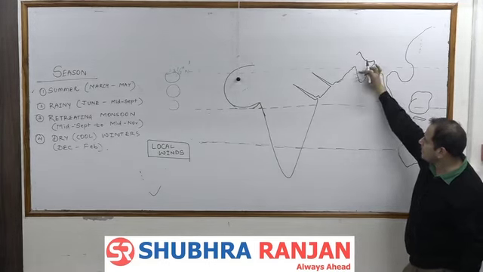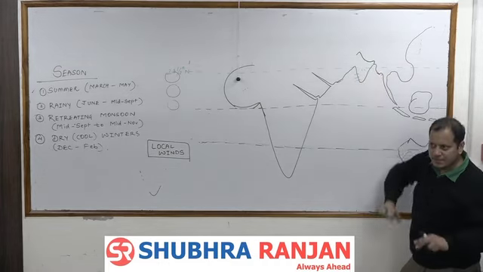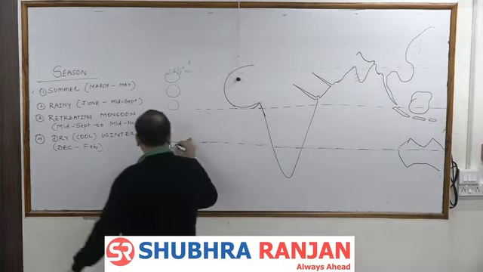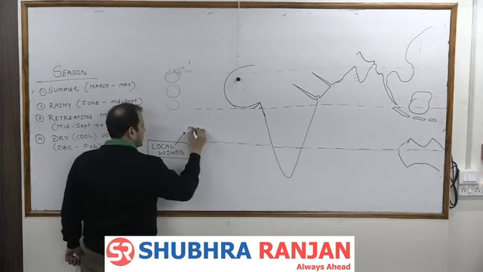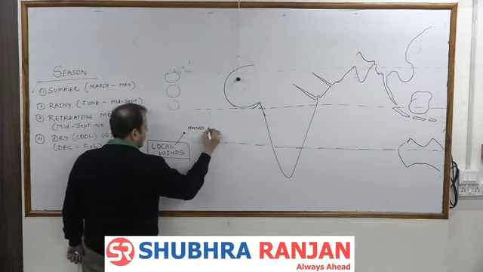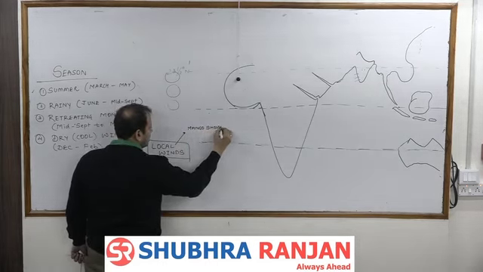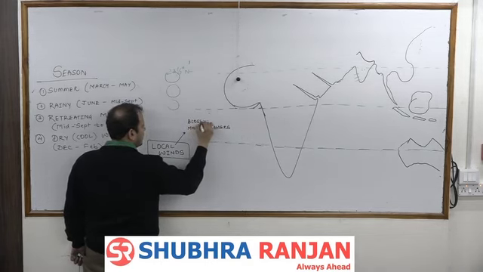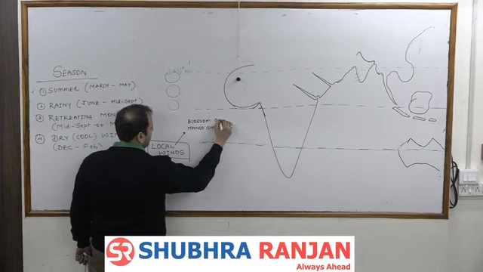What is present here? Western Ghats. Wind will be forced to rise up, and therefore it gives rainfall, which is known by different names such as mango showers or blossom showers.